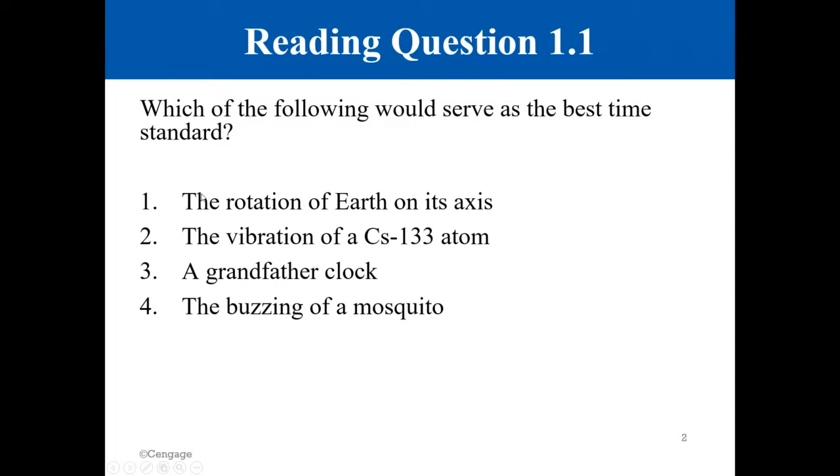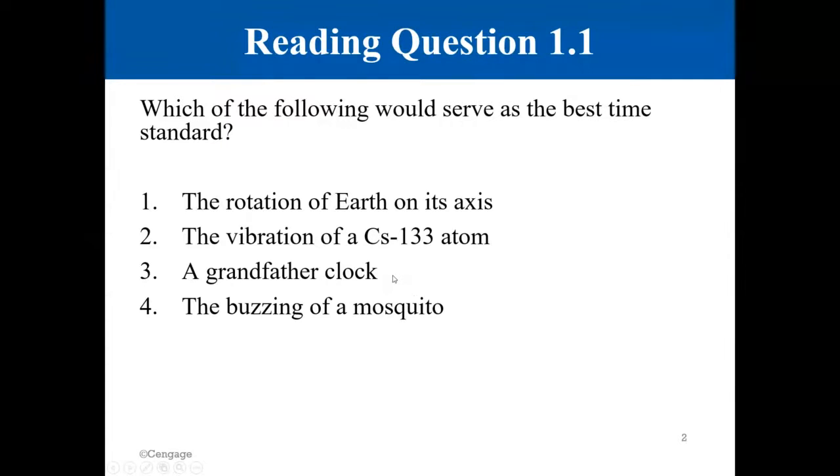Each one of these represents some time period. But in order to use one of them as a standard, it has to be fixed. It has to be reproducible. Whether you did the measurement here or in another country, on another planet, it has to be the same.